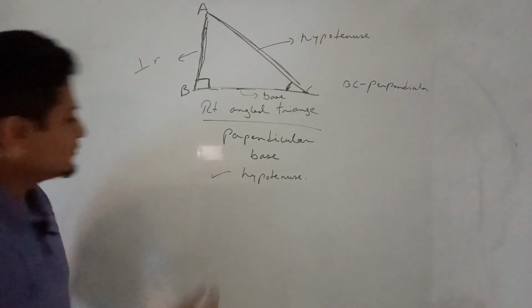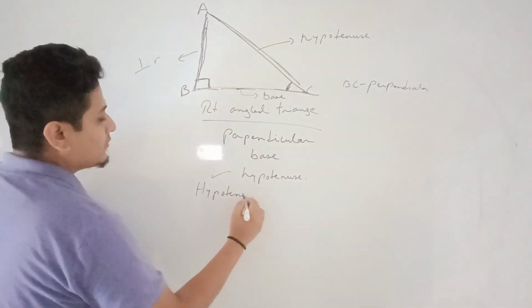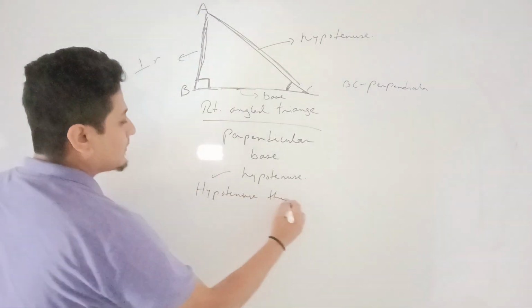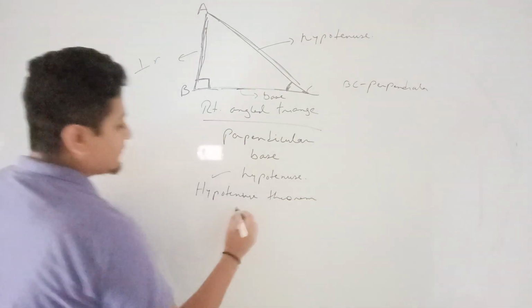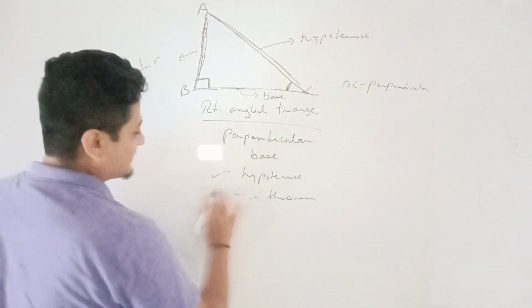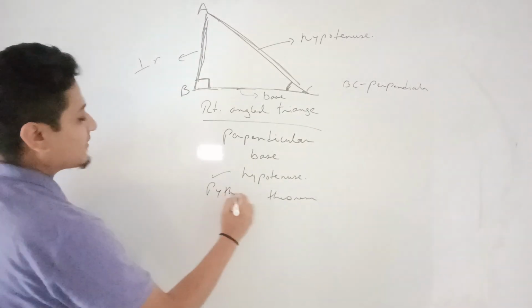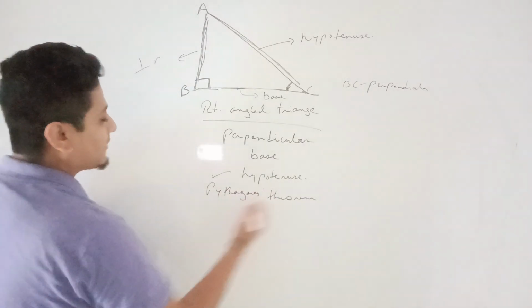And we have a theorem for the hypotenuse, known as the Pythagoras theorem. It was given by Pythagoras.